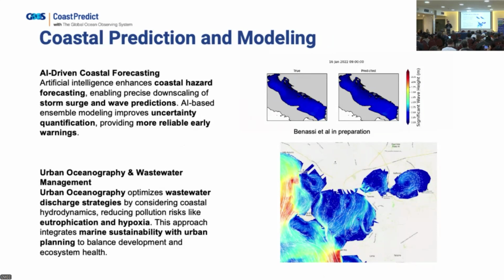And then the urban oceanography here is just an example of very high resolution. It's close by, in Taranto, in Puglia, a very complex system, but we need to improve more and be able to do also sewage system modeling, connected, of course, with the large scale in the downscaling.